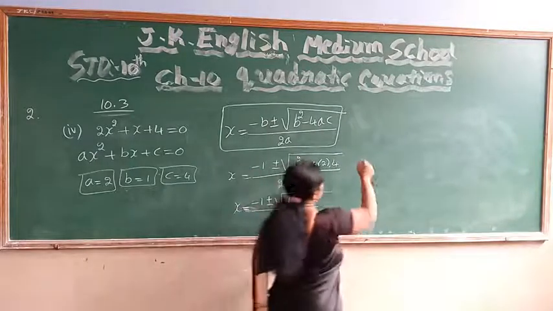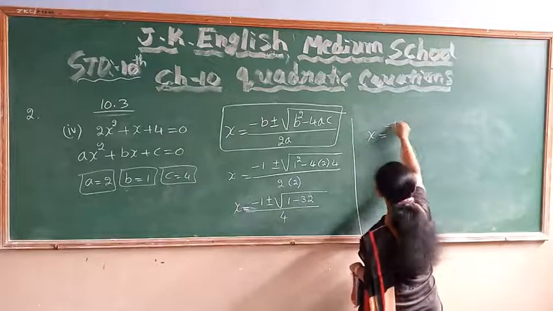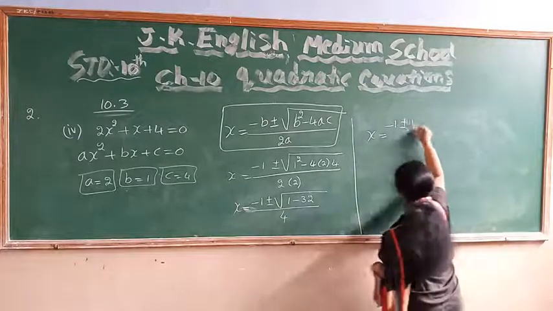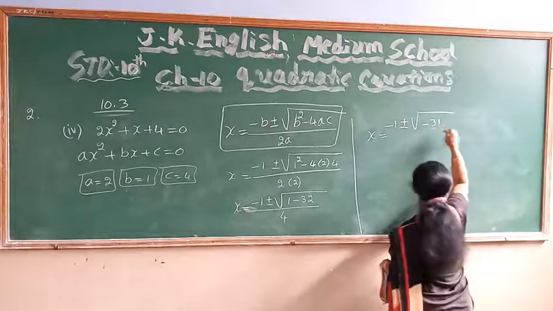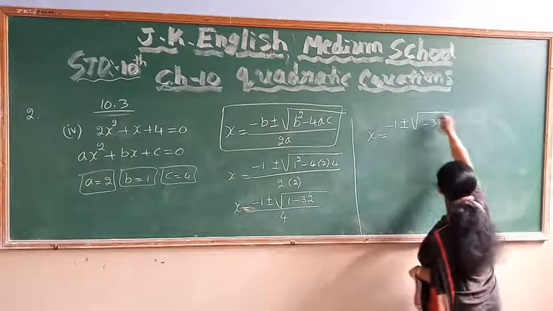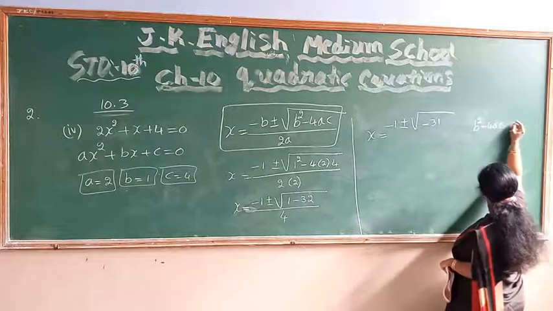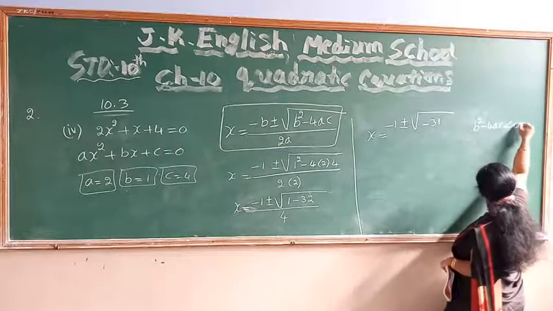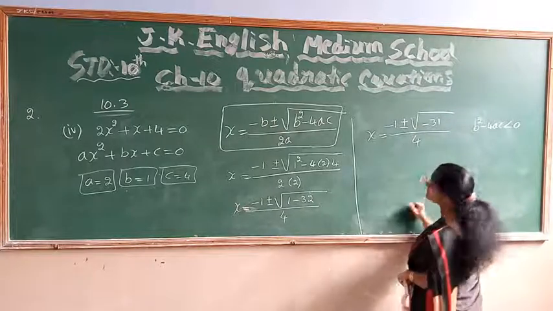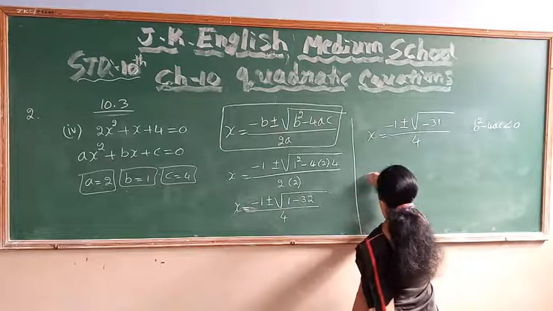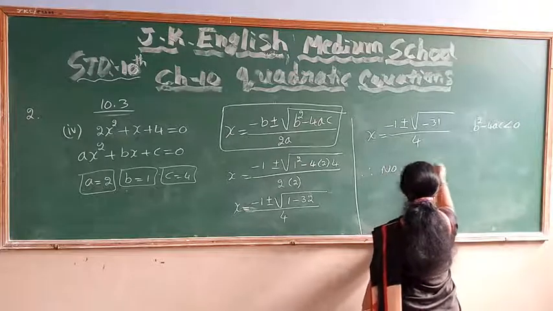So the b square minus 4ac value is minus 31. Here see, this is a negative value. This is the b square minus 4ac value. b square minus 4ac is less than 0. If it is less than 0, a real root cannot exist. Therefore, no real roots.